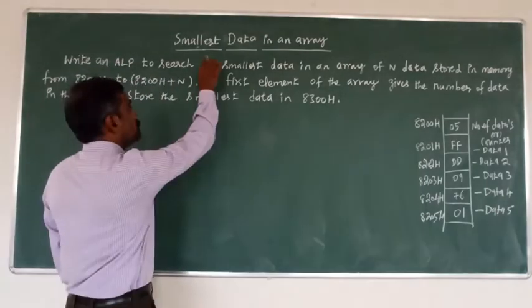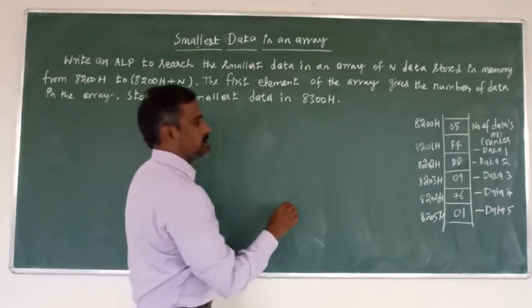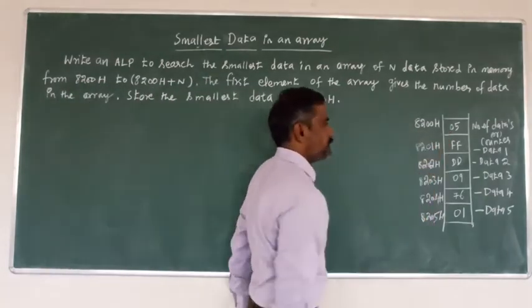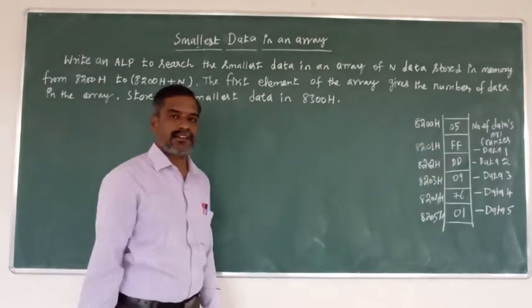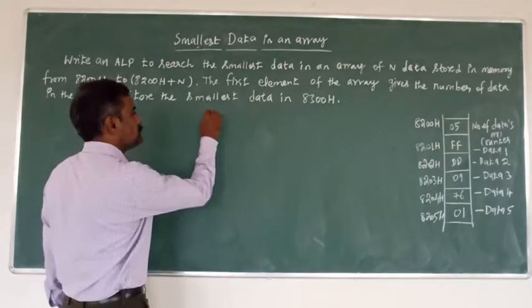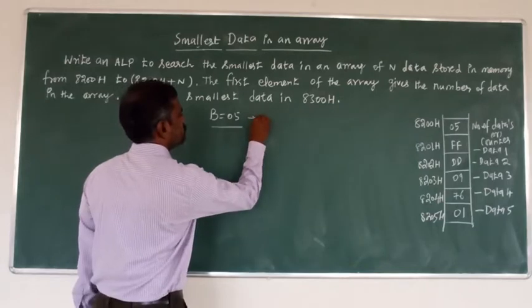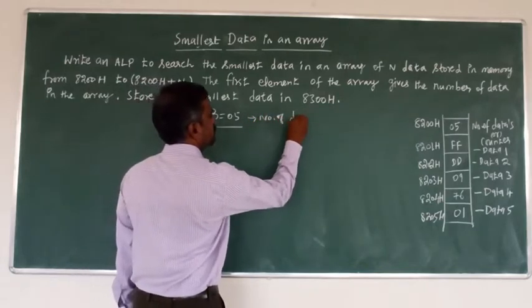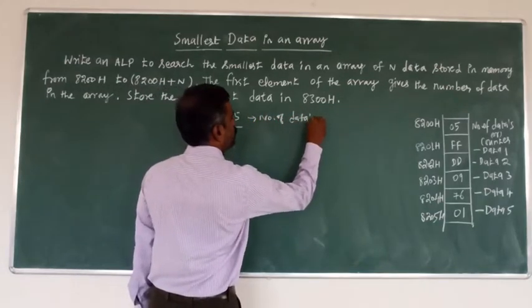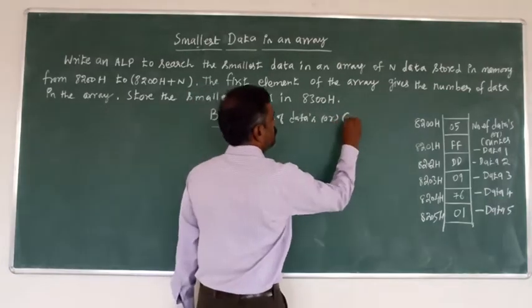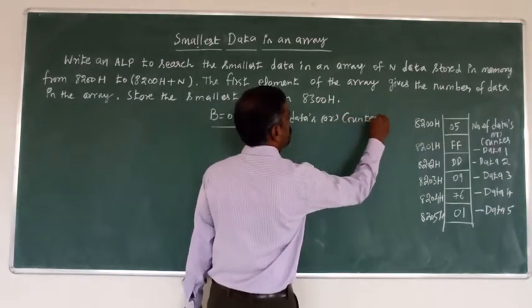Logic for smallest: now the data at address 8200, 05, the number of data, to move to B register. Now B equals 05. This is for the number of data, or the outer loop.